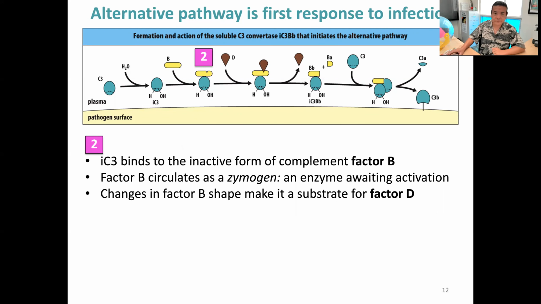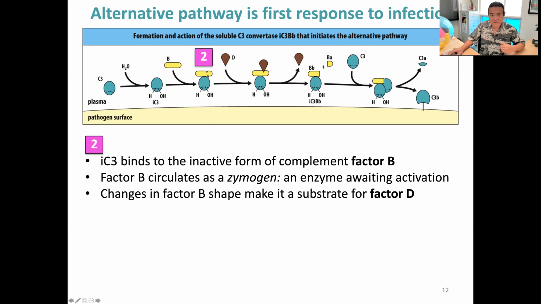Step 2, the iC3, because its shape is a little different now because of this interaction with water, is now the right shape to interact with this other complement protein known as factor B. Factor B, the yellow molecule here, binds to the iC3, and that actually changes the shape of the factor B. You can see now the shape has changed a little bit, and you have this little groove formed in it.